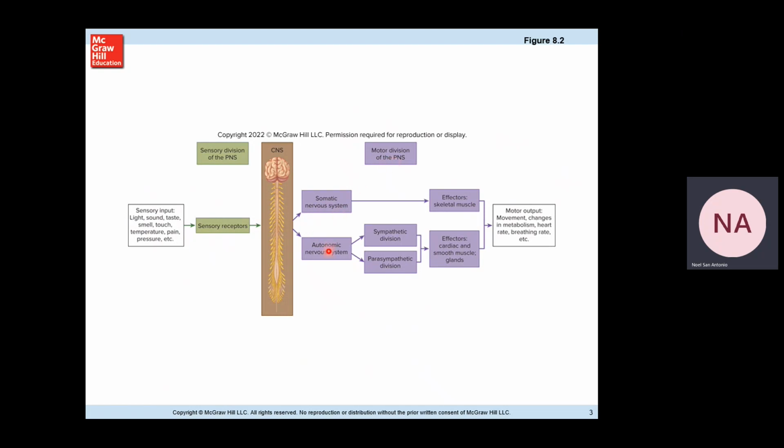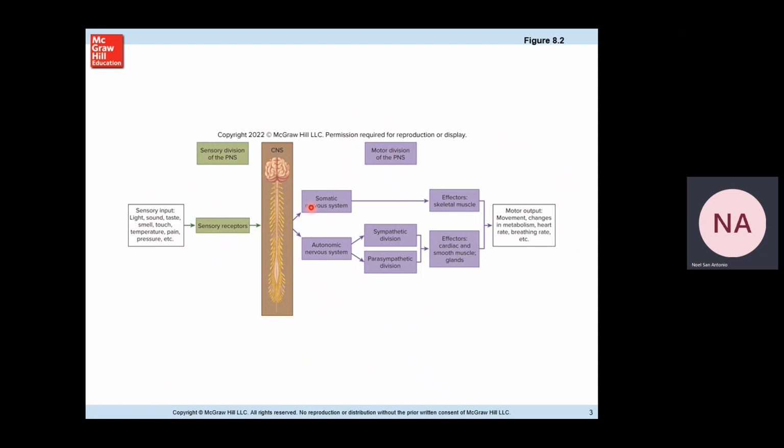What are the two divisions of the motor division? You have the somatic and the autonomic nervous system. Somatic pertains to the voluntary motor output. Voluntary, meaning according to your will.